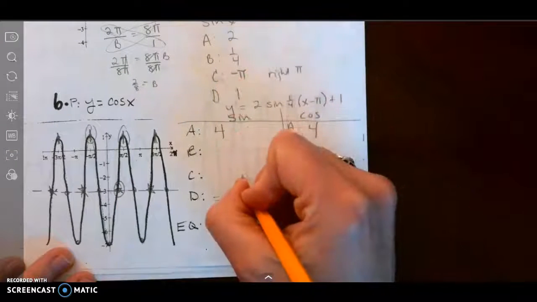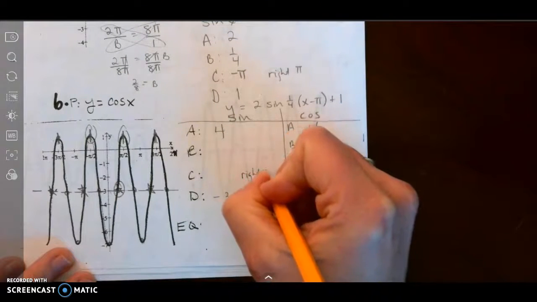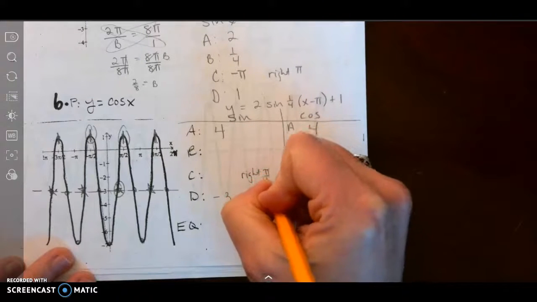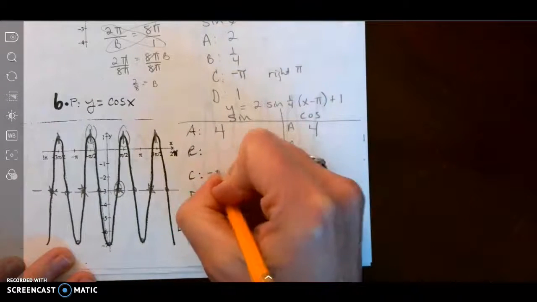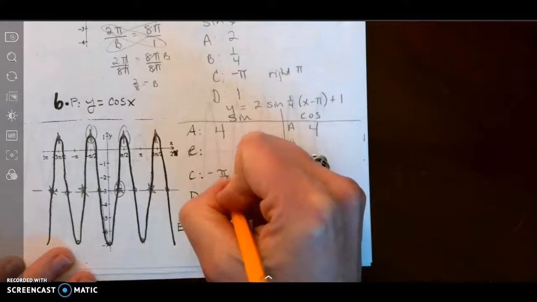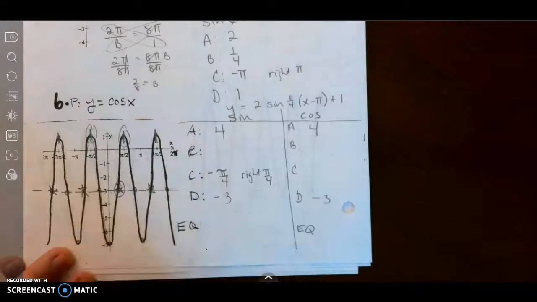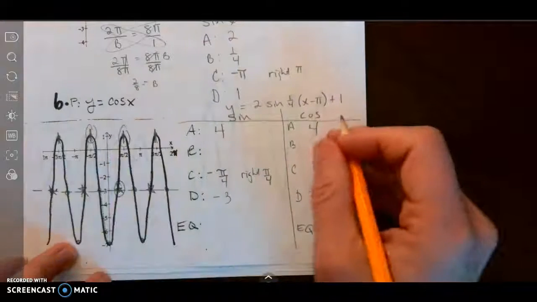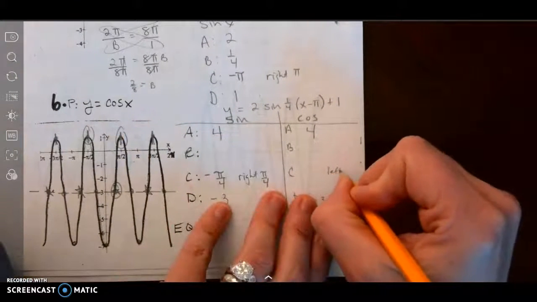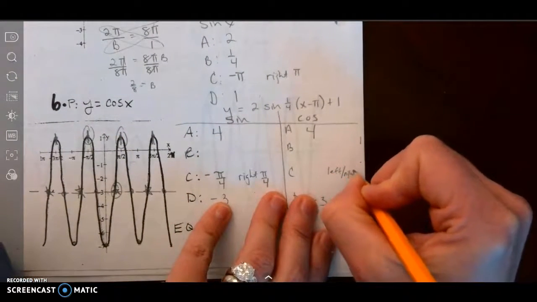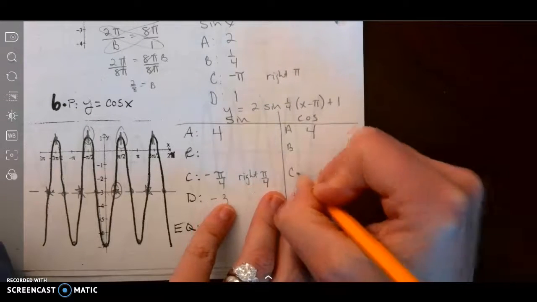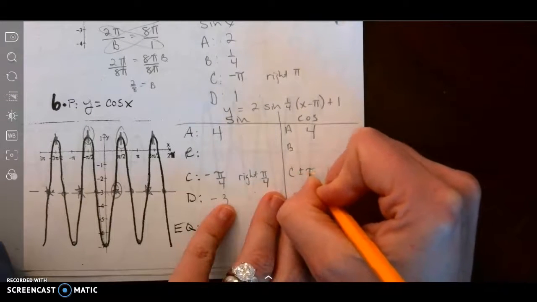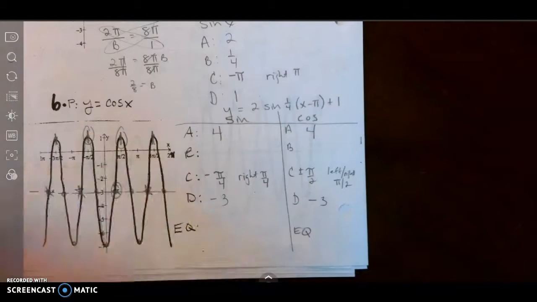So for sine, it's moved to the right, pi over 4. So my c value is negative pi over 4. For cosine, it's left or right, pi over 2. So it's plus or minus pi over 2.